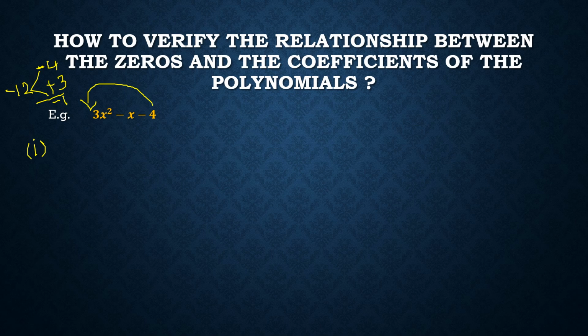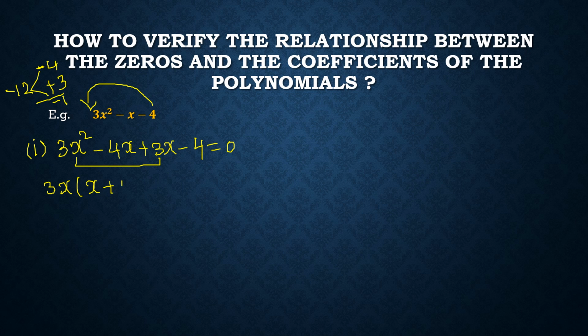So I'm going to split the middle term: 3x square minus 4x plus 3x minus 4 equal to 0, because we need to do the factorization. So I am equating this to 0. Now we'll combine the first and third term because they both have 3x in common. The leftover in the first term is x, the leftover in the third term is 1. And see here, the second term and fourth term have minus 4 in common.